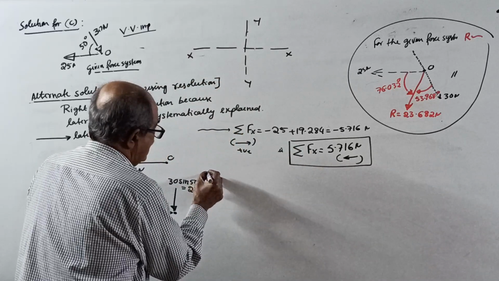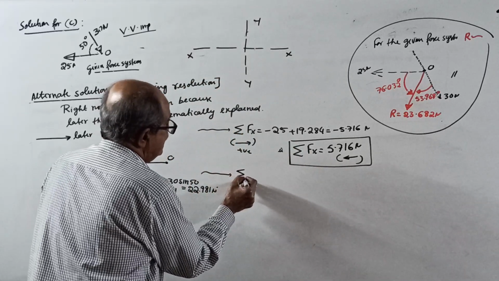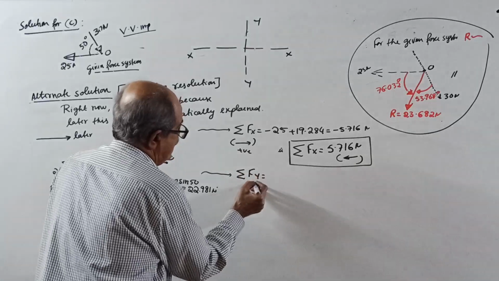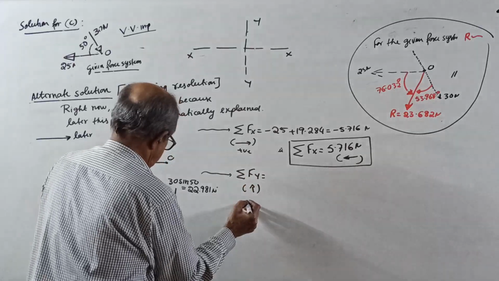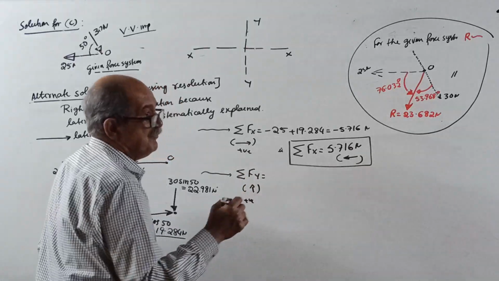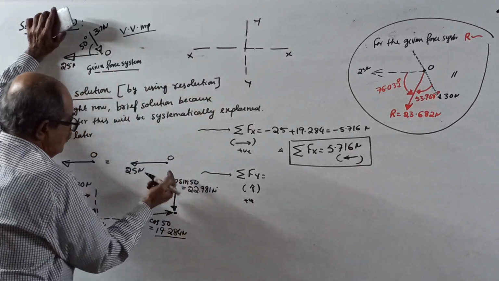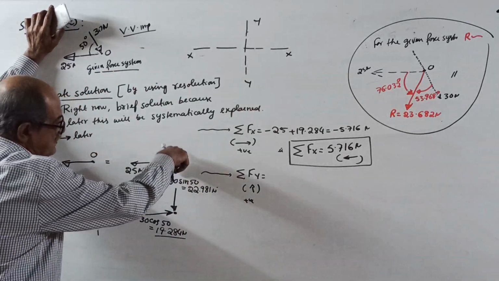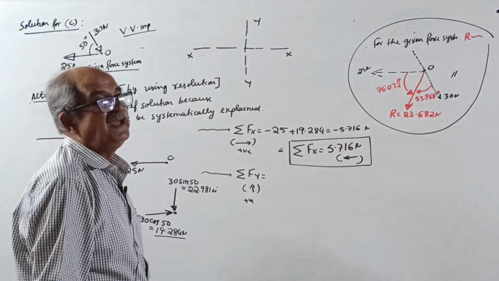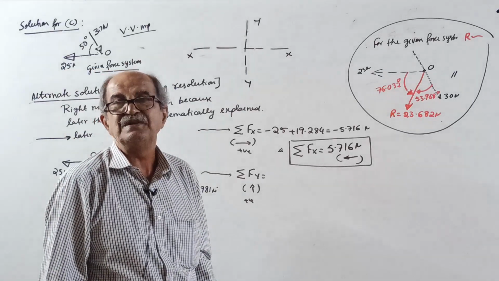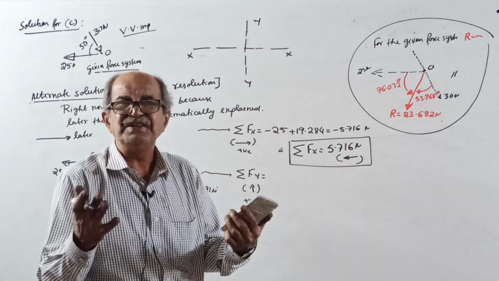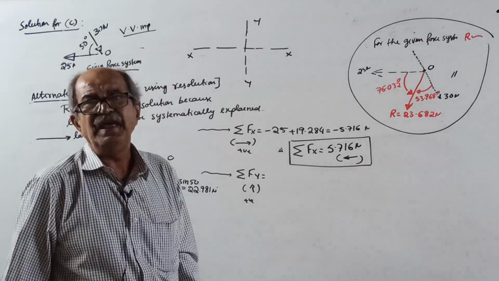In the same way, algebraic sum of components in y direction, sigma Fy, I will take upward positive. Somebody will be laughing. There is only one force acting down. Why take upward positive? It is directly downward. Just for tradition, see, later we will be taking that way.